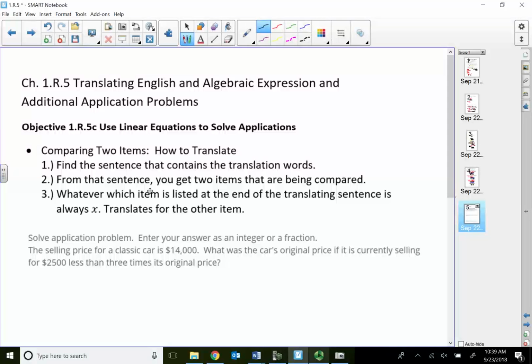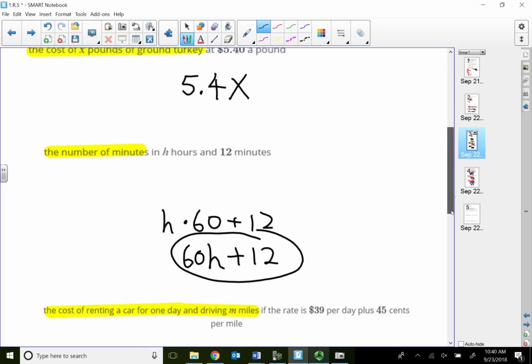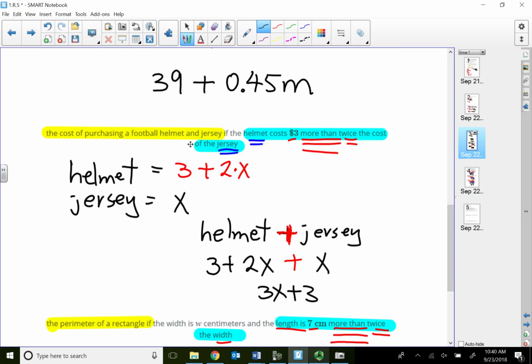Then from that sentence, you get the two items that are being compared. Once you identify those two items, whichever item is listed at the end of that translating sentence is always going to be x. Translate for the other item. This is very similar to what I showed you about the football helmet jersey and the perimeter of rectangles.